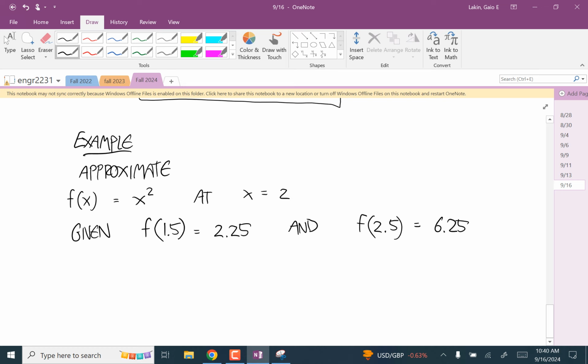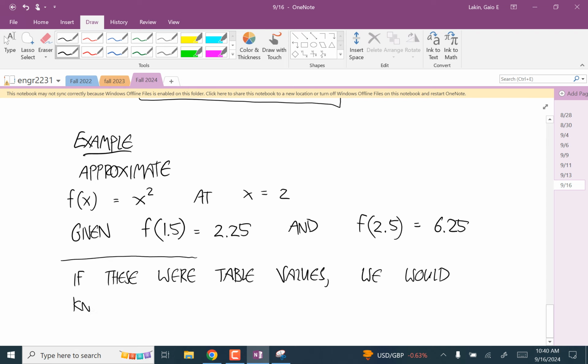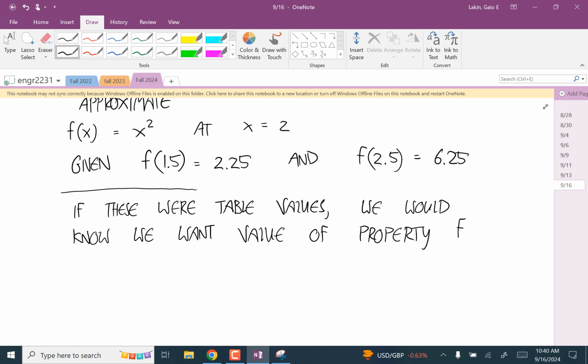So if these were table values, we would know we want the value of the property f where the property x is 2, okay?